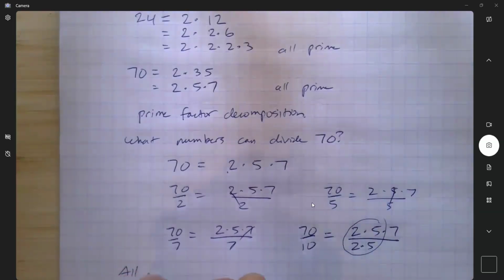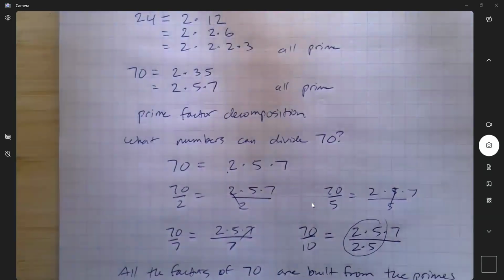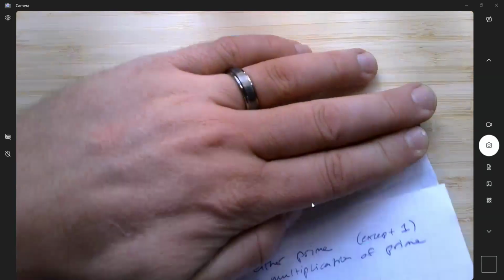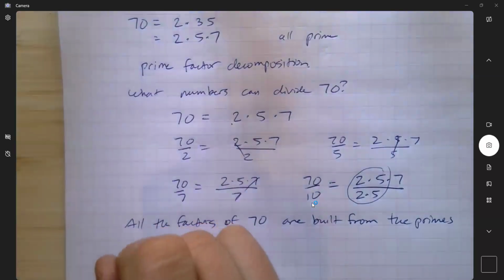So all the factors of 70 are built from the primes that make 70 itself.